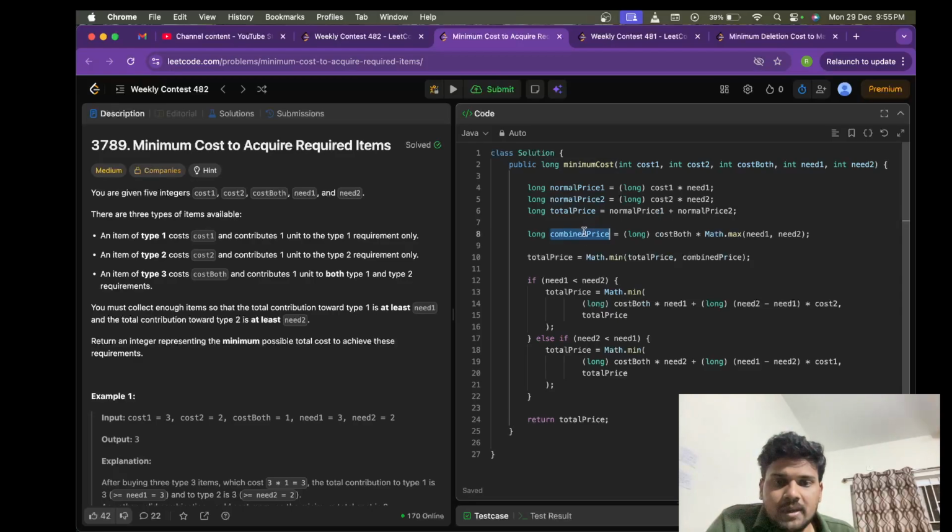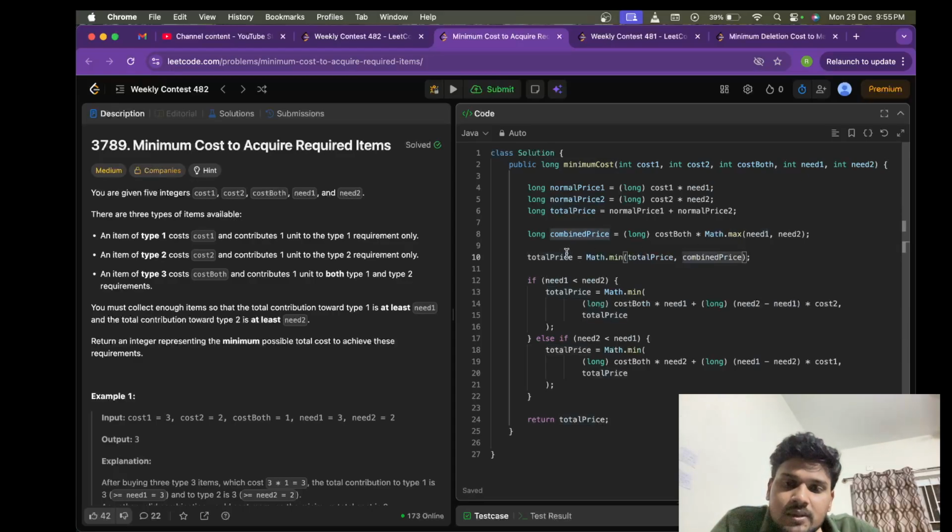And one more thing: if we go with the combined price, we will go with costBoth and the maximum of need1 and need2, so we will get the combined price. Our total price will be the minimum of total price and combined price.